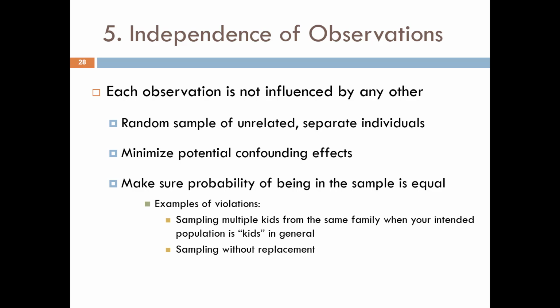So let's imagine that I have a closed class of 50 students to draw a sample from, and I wanted to sample 5 students. Now if I draw the first person out and don't replace that person, then the remaining sample has a higher probability of getting selected. And so it's important to sample with replacement.